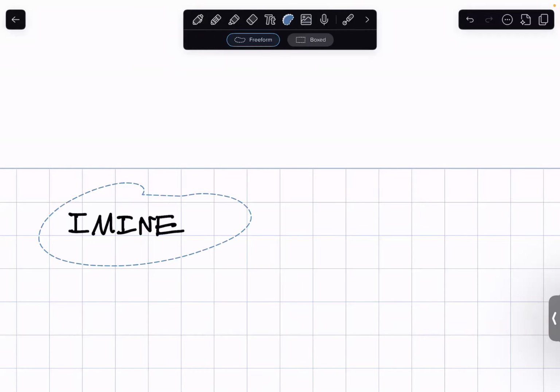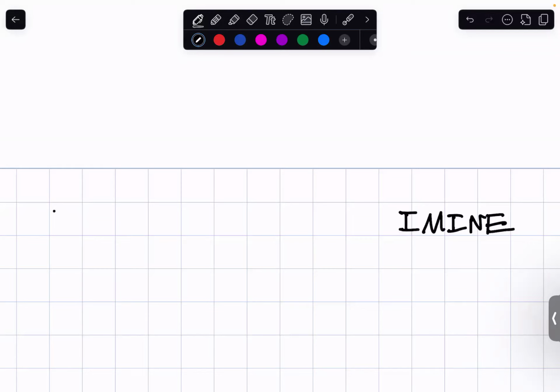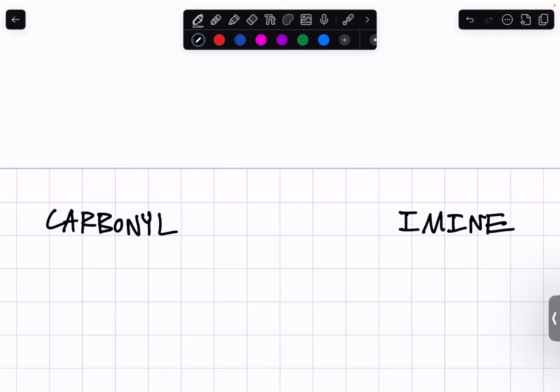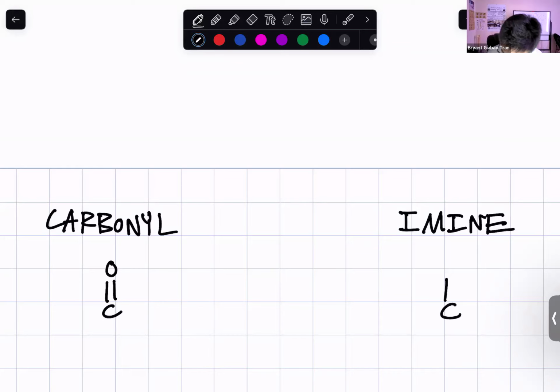Do you know what a carbonyl group is in organic chemistry? It's the double bonded O: carbon, double bond, oxygen. An imine is going to be a carbon, double bond, nitrogen. But this nitrogen, to be neutral, has to have three bonds.